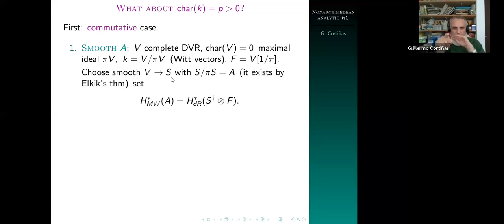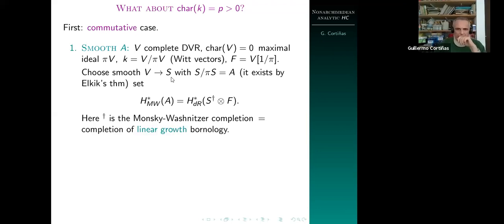And then the dagger that appears there, this dagger symbol, indicates the Monsky-Washnitzer completion, which is a smaller completion than the p-adic completion, because the p-adic completion also has problems with homotopy invariance. So this is a smaller completion. I won't go into the details, but in the terms that I will use later, it's a bornological completion.